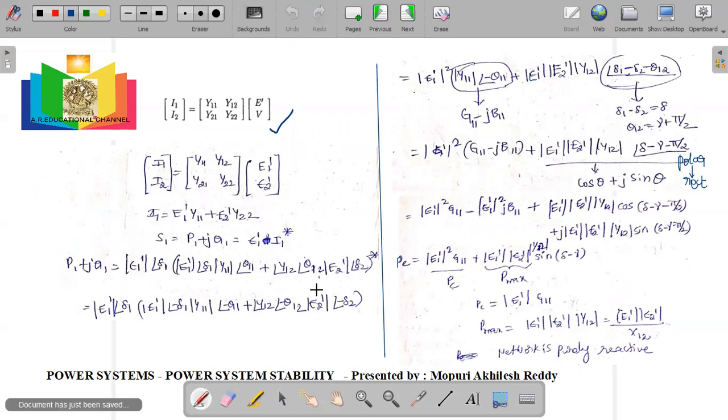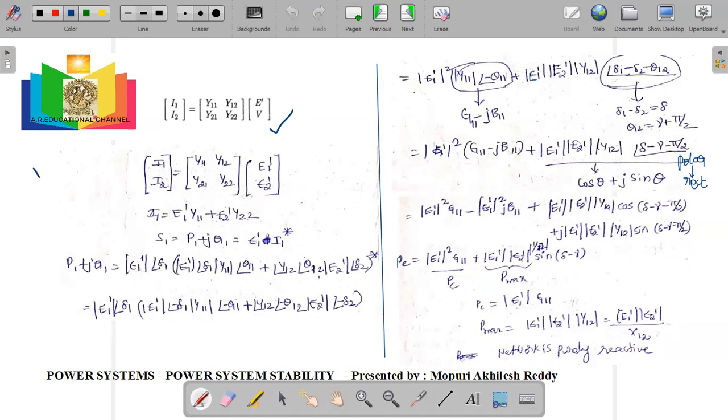Now, this is the matrix, and I am considering V as E2 dash. Now I1 is equal to E1 dash into Y11 plus E2 dash into Y12. I know that S is equal to P plus jQ, which is equal to V into I conjugate. Normally, complex power is equal to V into I conjugate. Since I had taken S1, it will be equal to E1 dash into I1 conjugate. E1 dash can be written as magnitude of E1 dash at an angle of del 1.